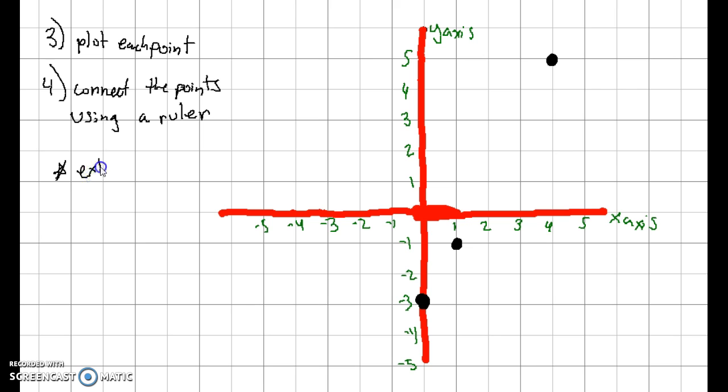You want to extend the line through all points. So I don't want to stop here, right? And I don't want to stop here. So I want to go through because we could have picked other values. Notice that (-2, -7) was a solution, but it's not on our graph. So we want to extend it through everything.